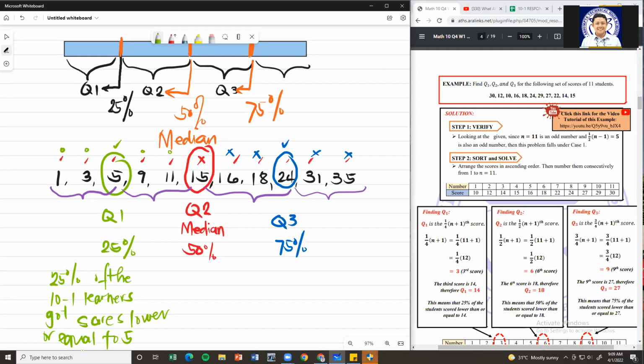So if you belong to the lower 25% of the class, that's not so good, because it's low. You belong to the lower part of the class. However, it still depends on the scores.